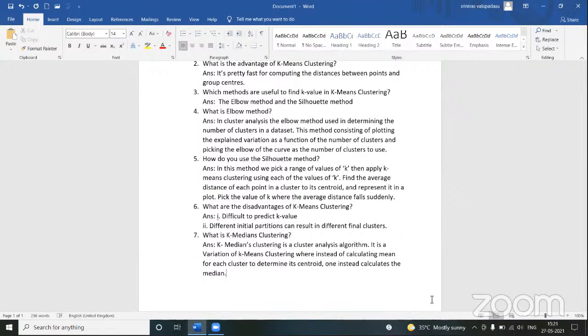So next question. What is mean shift clustering?